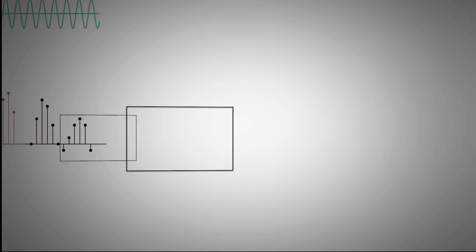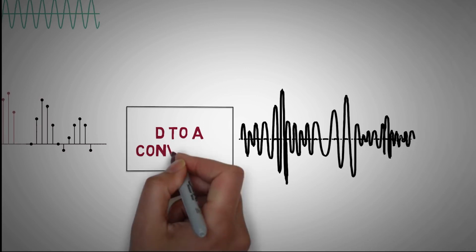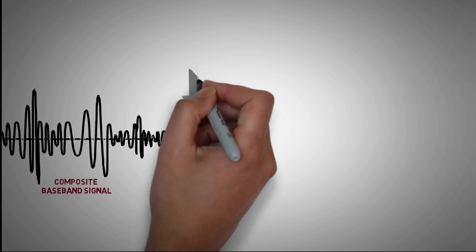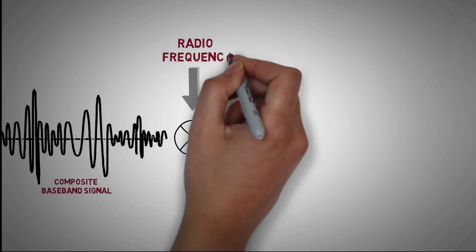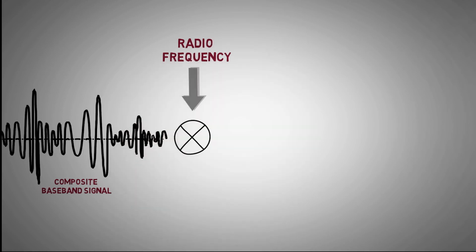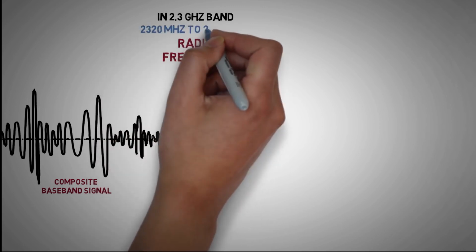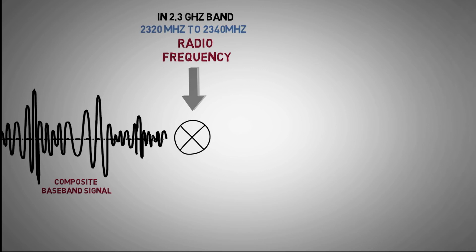Now this time-sampled signal is converted into an analog wave by a digital to analog converter. Further, the composite waveform is modulated at the desired radio frequency for transmission. For example, an operator has a license for 2320 MHz to 2340 MHz.